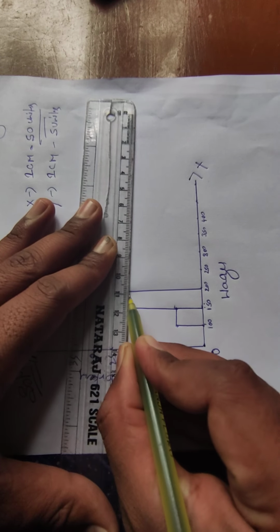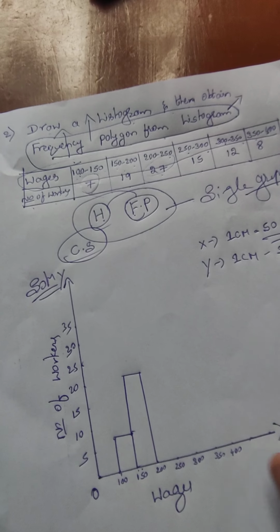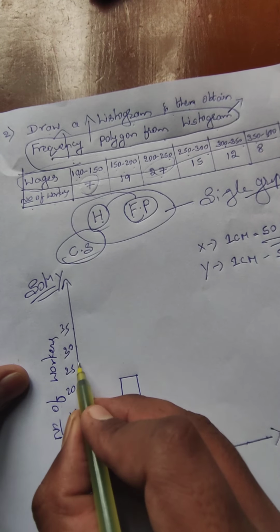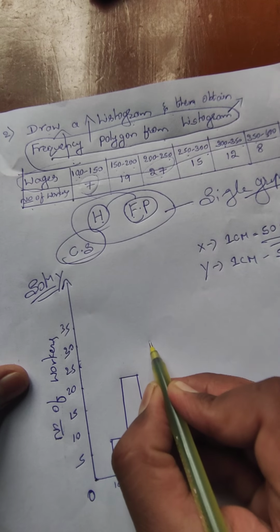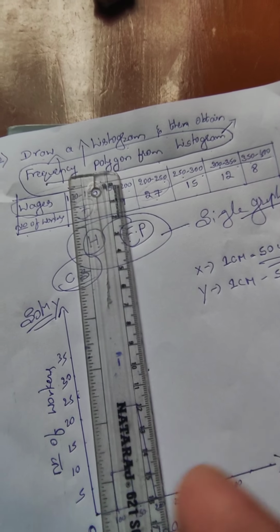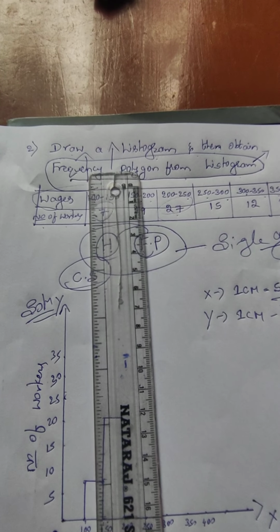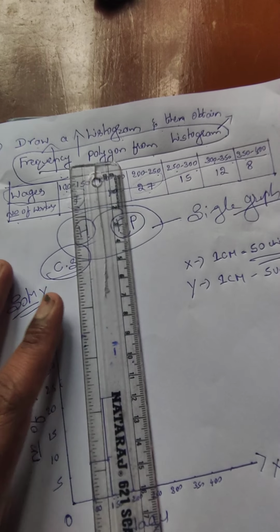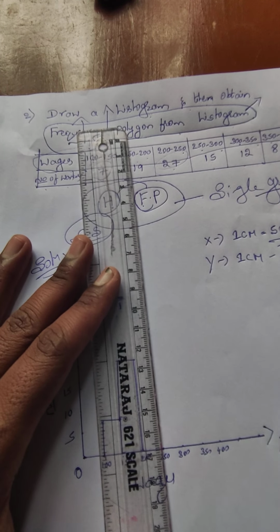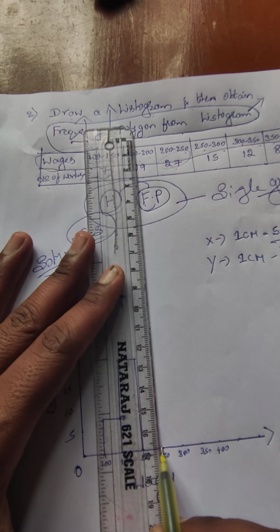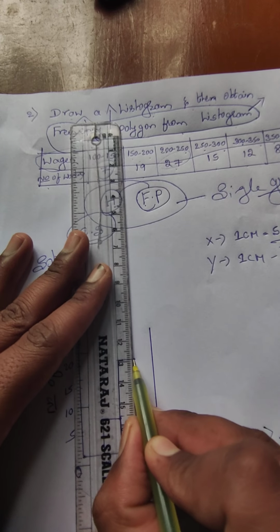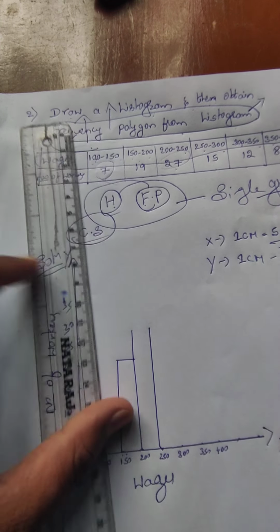Next, 200 to 250, the number of workers is 27. Next we have to draw the next one at 27, up to 250. Next we have to connect to the previous class interval.